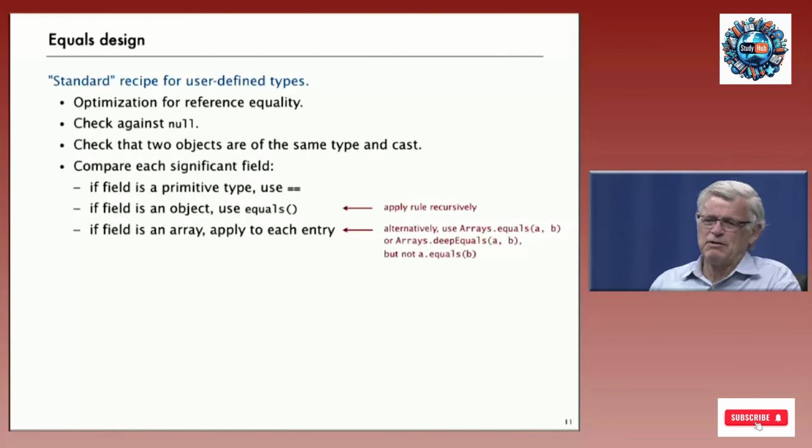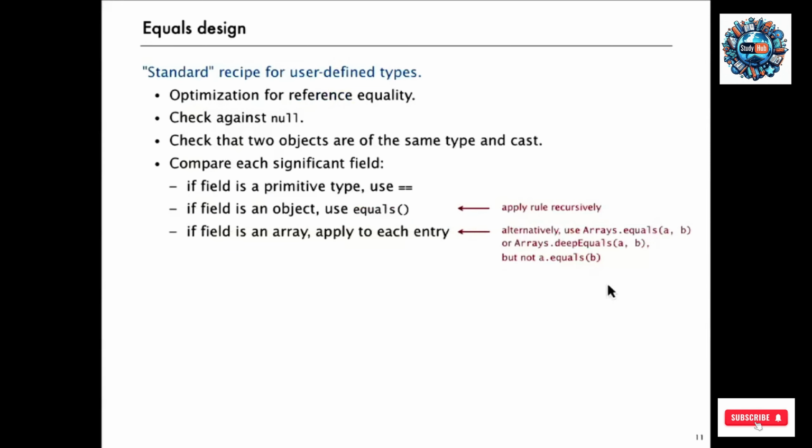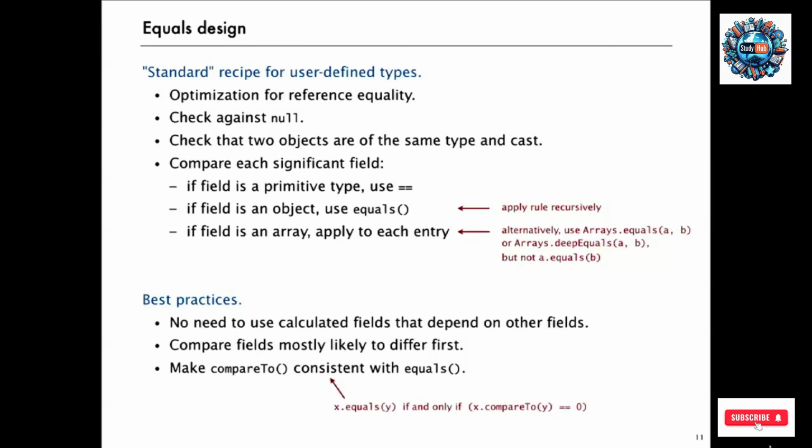If you have a field that's an array, you can apply it to each entry, and there are implementations in Java. You don't want to use a.equals(b). That checks if those arrays are the same objects, and that's not what you want. You want to check that all the values are the same. And if it's an array of objects, you can see that testing for equals can involve a lot of code and a lot of cost.